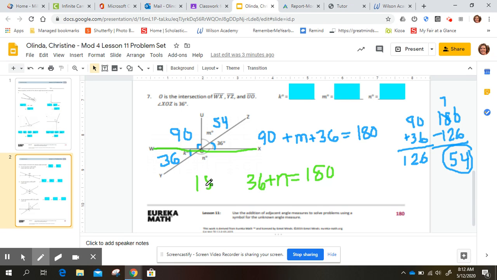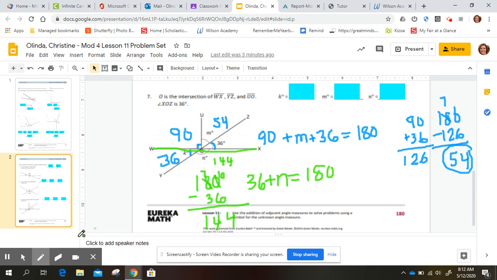Well, I could just subtract 180 minus 36. I can't do that, so I cross this out. 10 take away 6 is 4. 7 take away 3 is 4. 1 take away nothing is 1. So this angle would have to be 144 degrees.